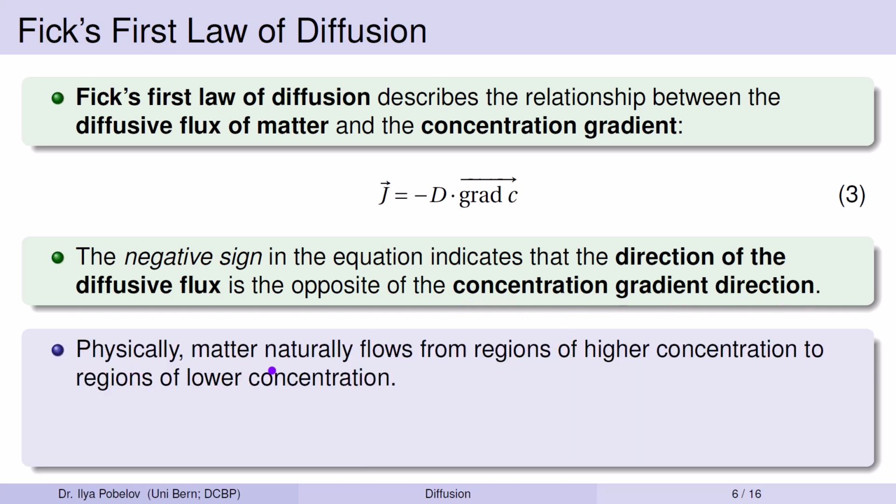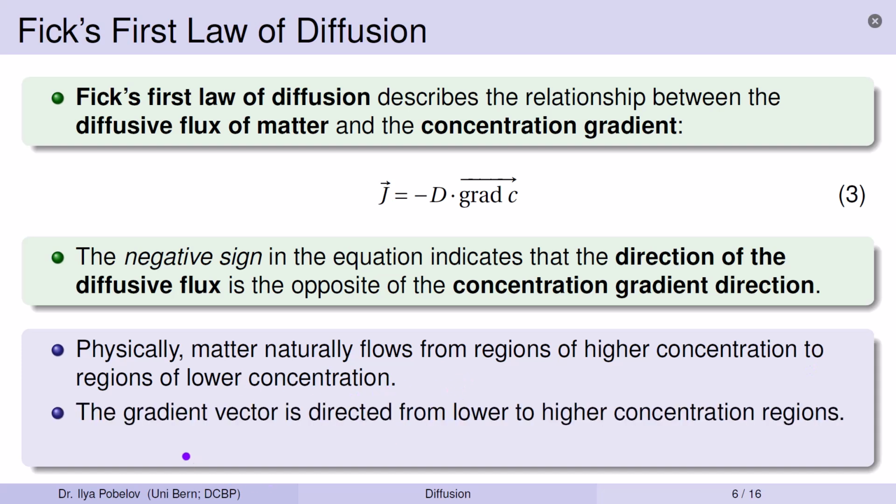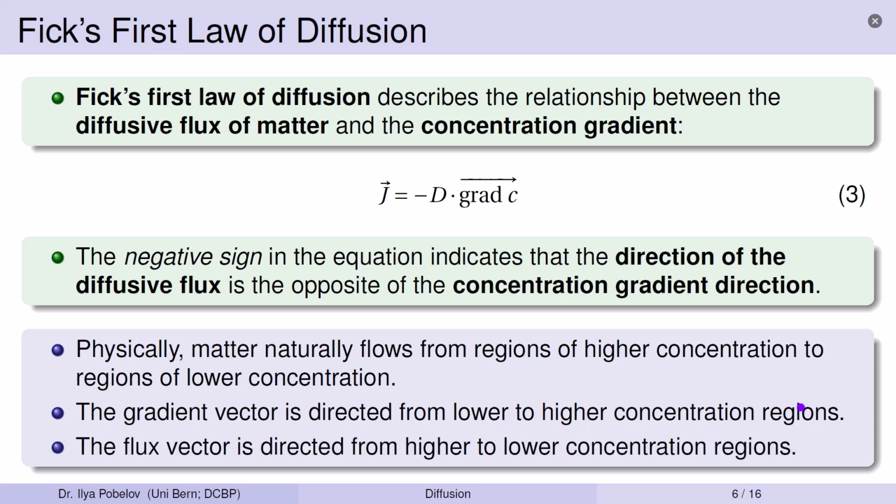Physically, matter naturally flows from regions of higher concentration to regions of lower concentration. Therefore, while the gradient vector, according to its mathematical definition, is directed from lower to higher concentration regions, the flux vector is directed from higher to lower concentration regions.